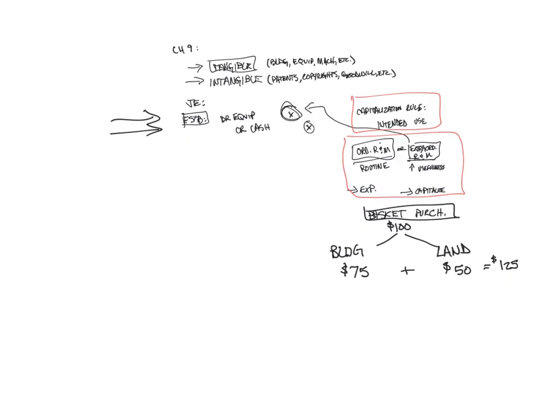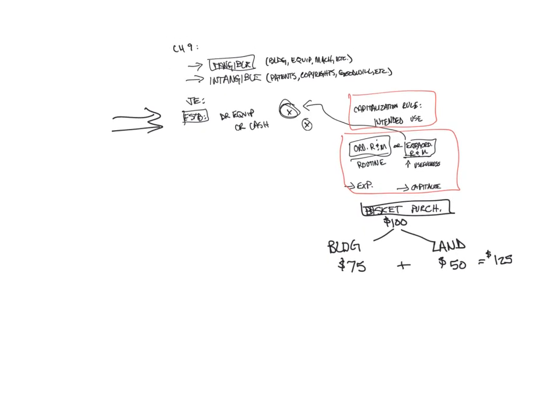So in order to do that, we're going to again take the independent values here, the appraised values, and we're going to take a proportion, a percentage of the independent values, and then multiply that by the combined purchase price. This is the A over A plus B method. So A right here, the building, is 75. We'll take A over A, 75 plus B, B being the land, 50.